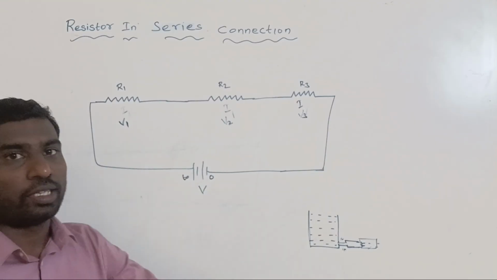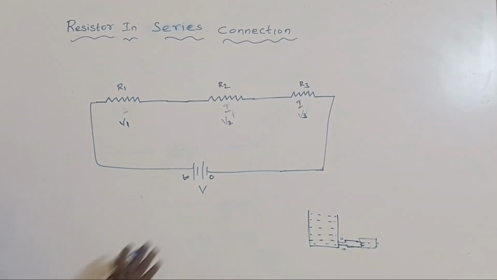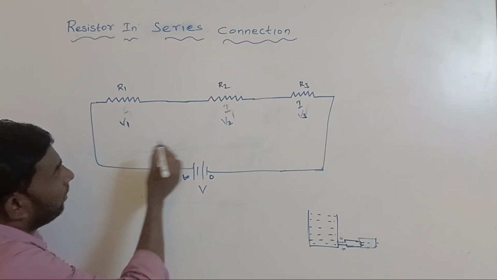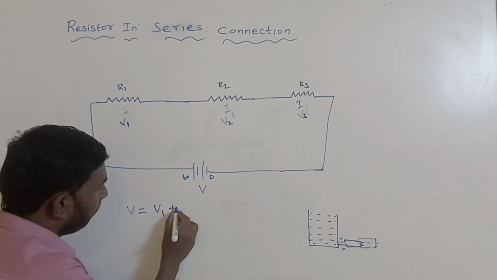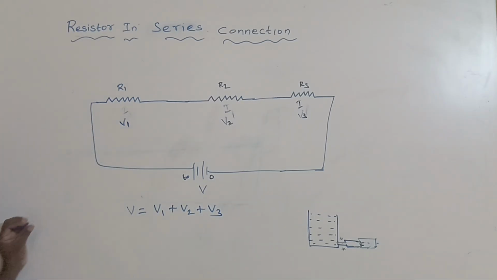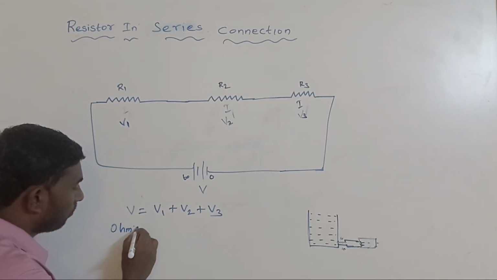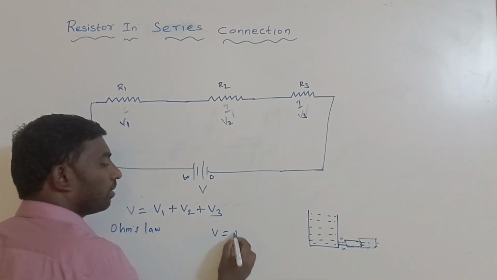After that I will give one example. Then we do calculations. We know the voltage is different here: V equal to V1 plus V2 plus V3. According to Ohm's law, V equal to IR.